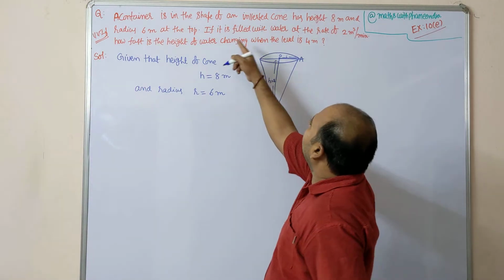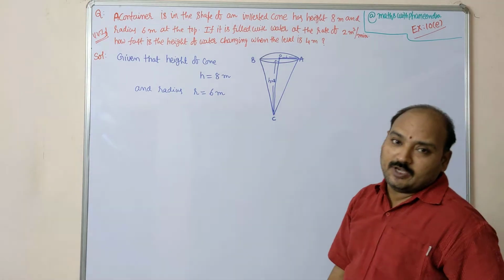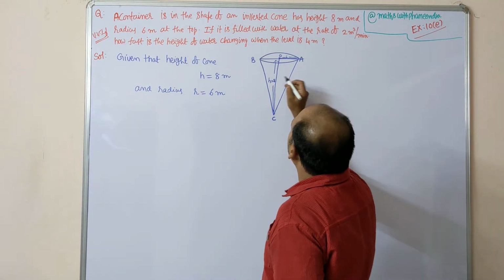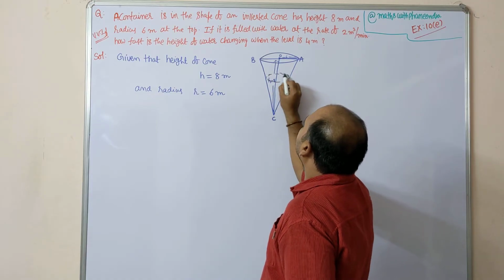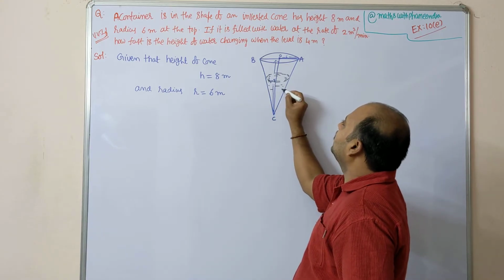And one more information, if it is filled with water at the rate of 2 meter cube per minute, that means water level, if it will be like this, water level it will be filled till this place.